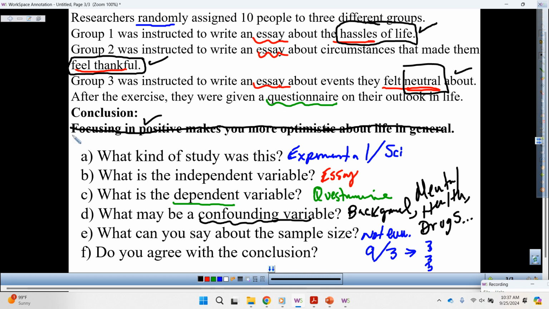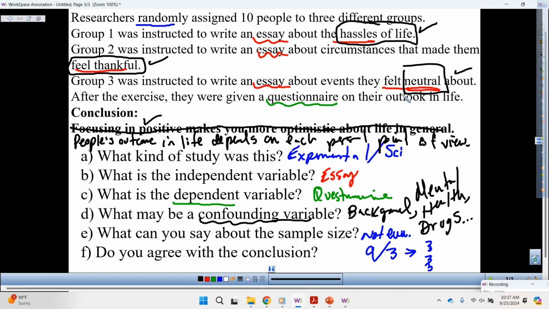I would say people's outcome in life depends on each personal point of view. Does that encompass all 3 different ones? Positive, negative, and neutral? Yeah? That's the conclusion.